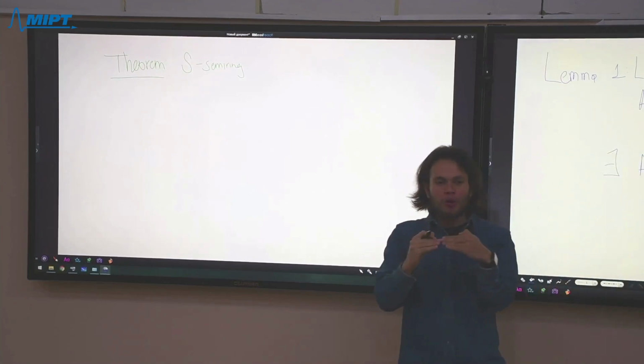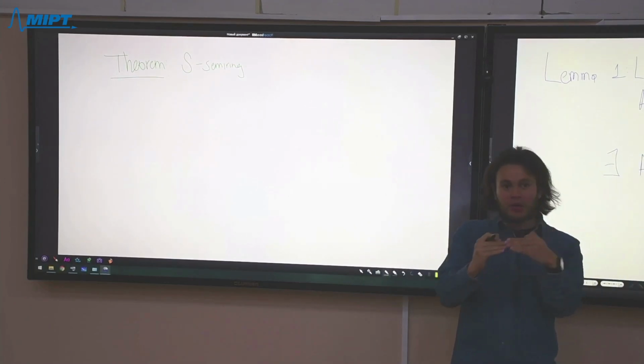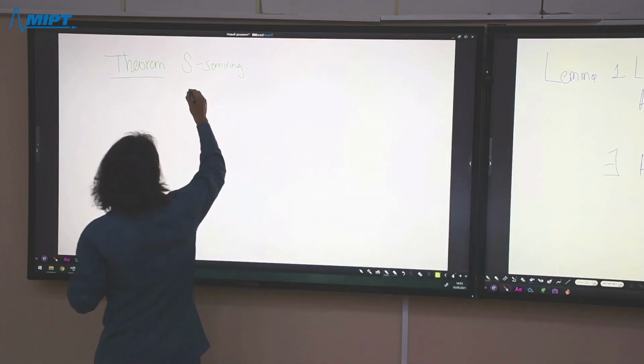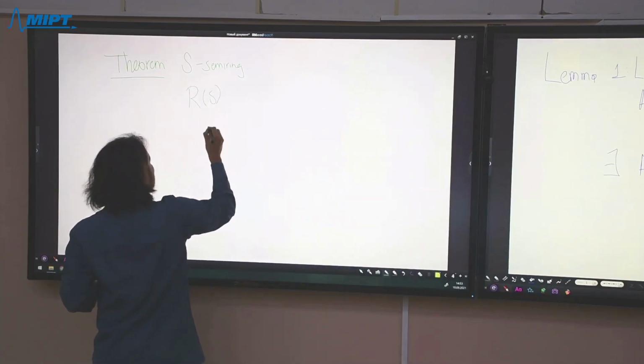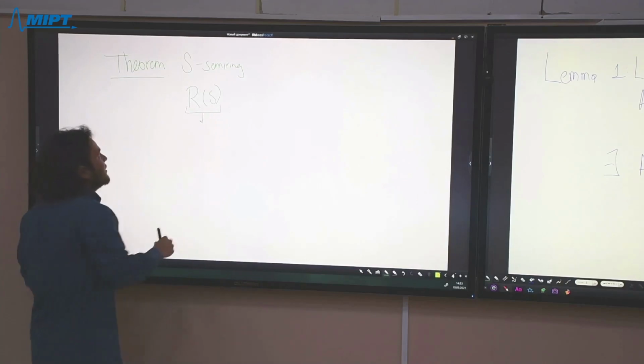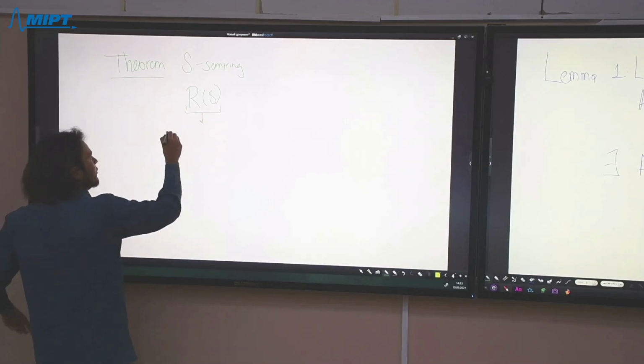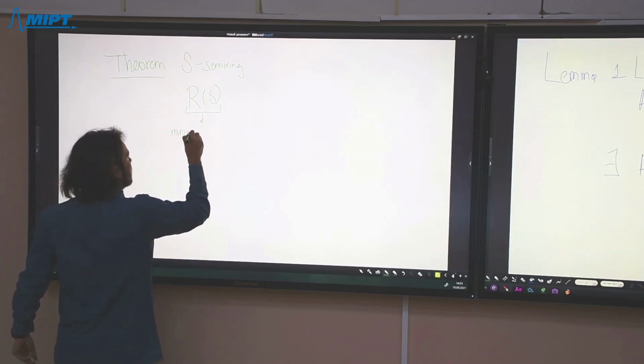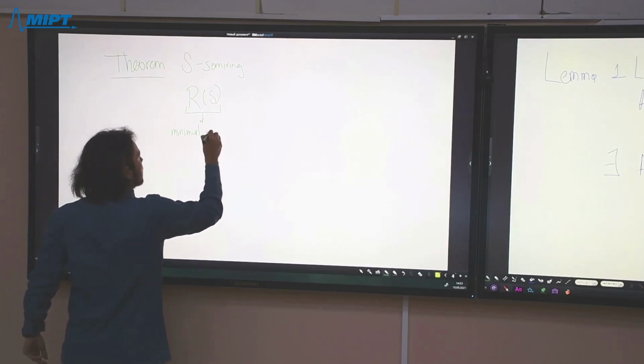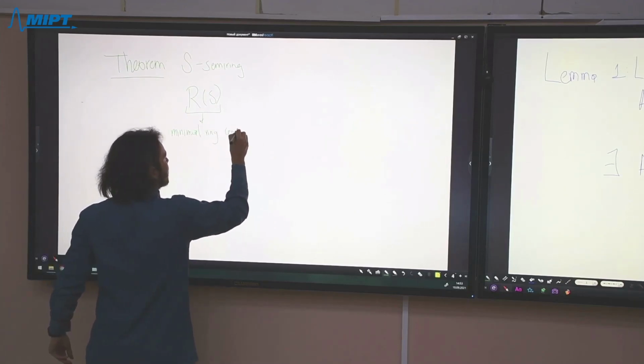So how do we get a ring from a semi-ring? That's what we need to get here. So R of S is the minimal ring containing S.